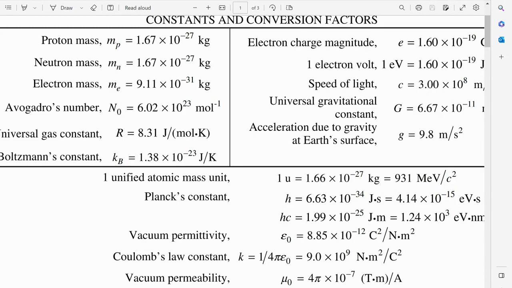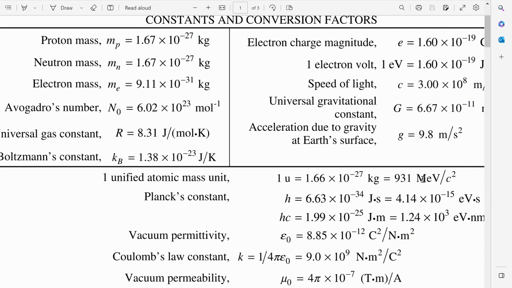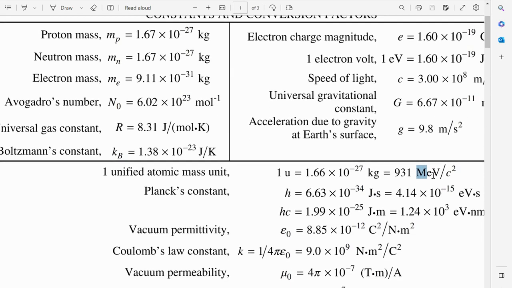What that means is one atomic mass unit is equal to 931 mega electron volts, that's times 10 to the sixth electron volts, over c squared, the speed of light squared.